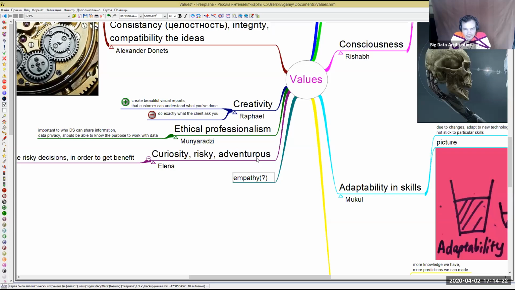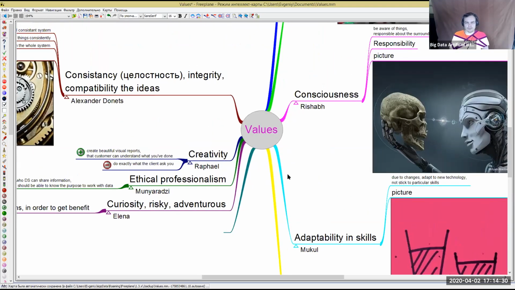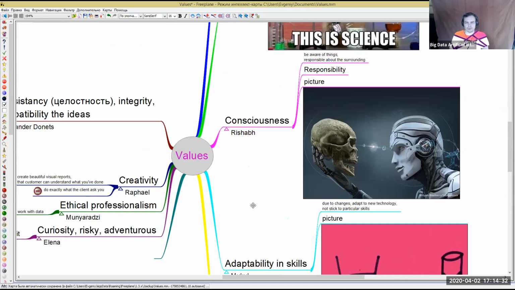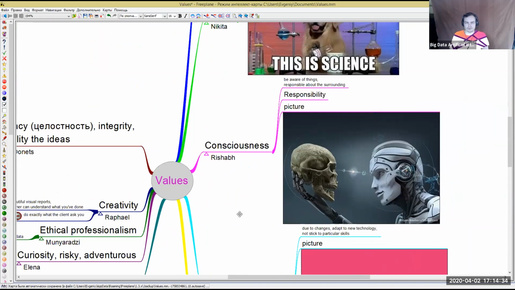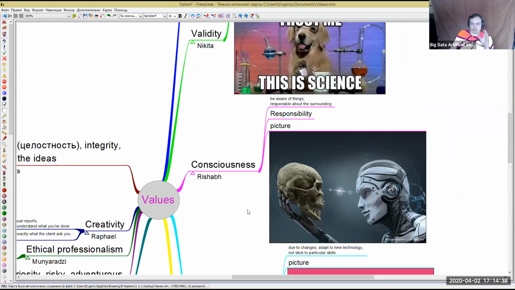So in the case of each value we mentioned, we need to have a strong decision rule. Yeah, what is the situation where you follow and where you do not follow this value.